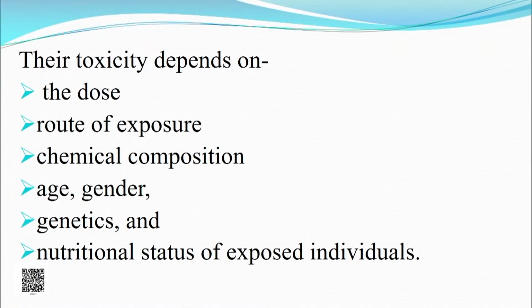Heavy metal toxicity depends on dose, route of exposure, chemical composition, age, gender, genetics and nutritional status of exposed individuals. Because of their high degree of toxicity, arsenic, cadmium, chromium, lead and mercury rank among the priority metals that are of public health concern.